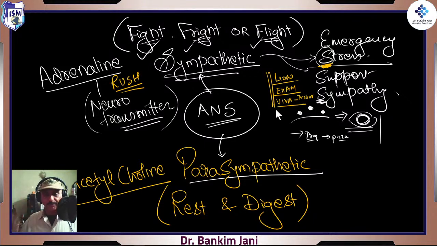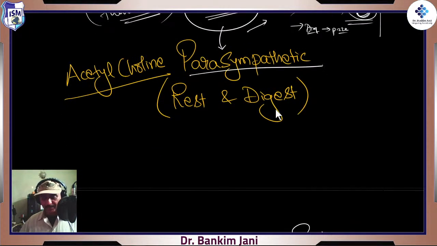So improve every day. Moving on to the parasympathetic. Okay, stress is over, now it's pizza time. I won't suggest pizza, but let's say some healthy food, let's say fruits. It's fruit time, and let's watch one good movie. So it is like rest and digest. That's where acetylcholine comes into the picture.